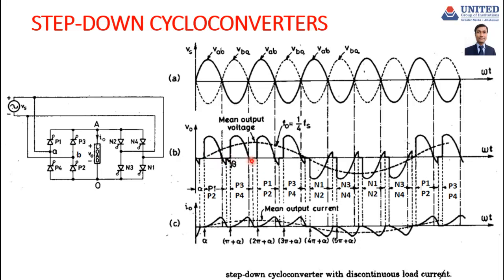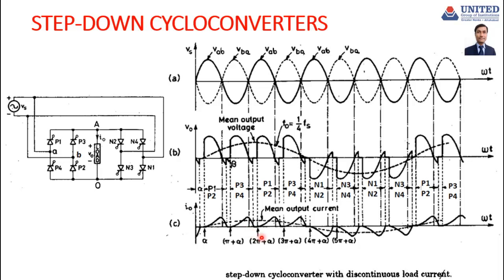At omega t is equal to pi plus beta, the load current becomes 0 and the thyristors P3 and P4 are naturally commutated and turn off.